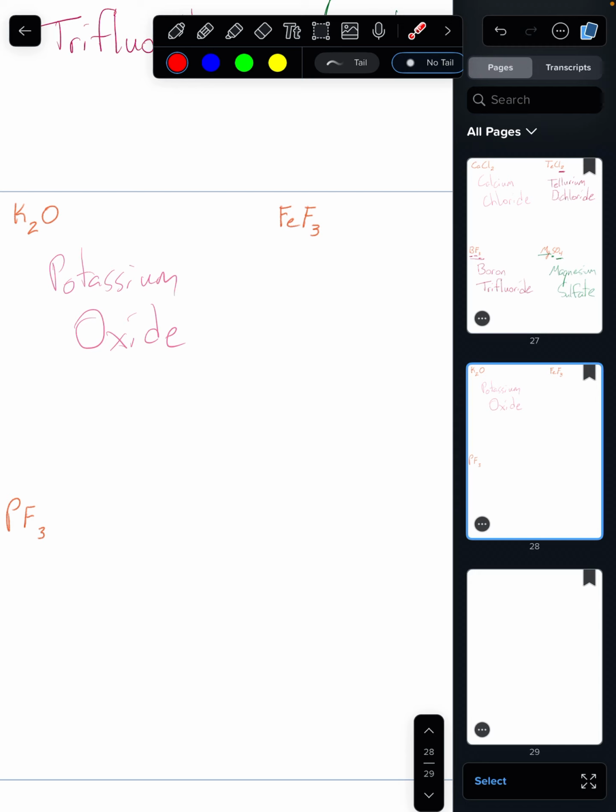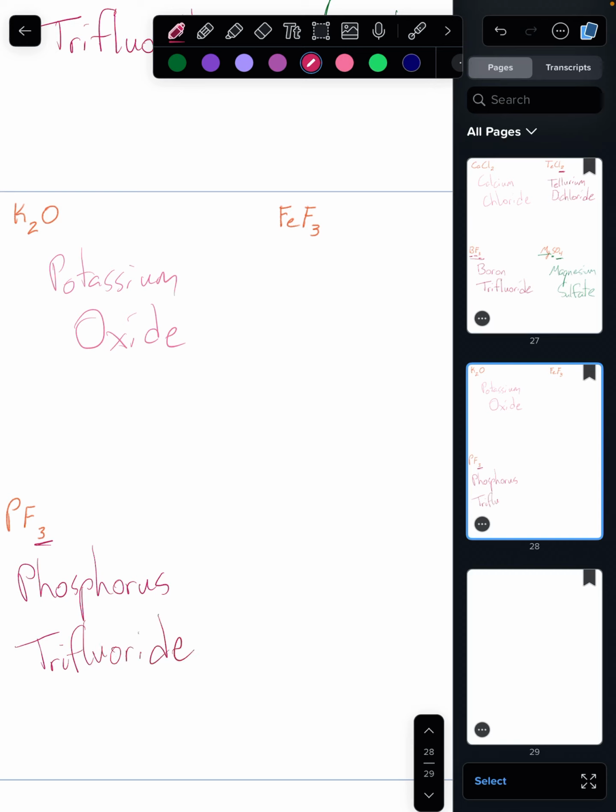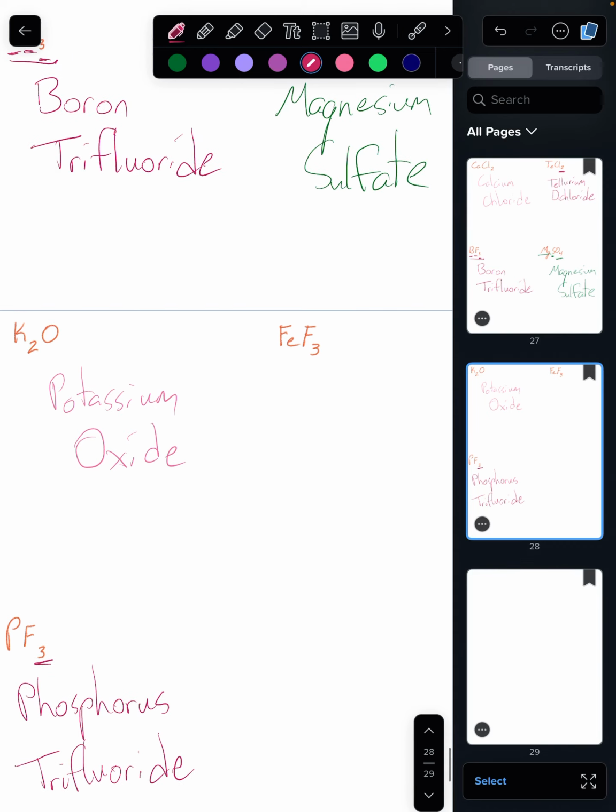This one here, we have a phosphorus and a fluoride. It ends up being a covalent. So it's going to be phosphorus 3. So it's trifluoride. Okay.